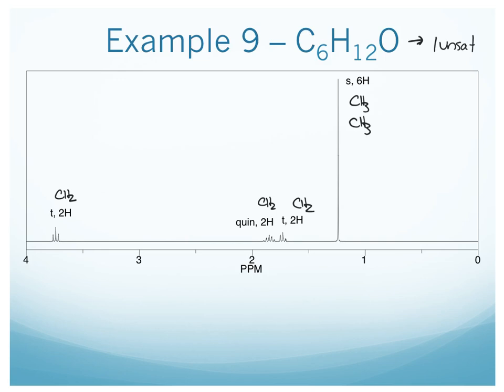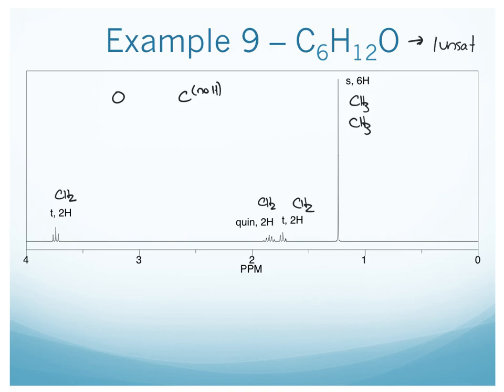Because if you had 3 equivalent CH2s, it would be unlikely it would show up as a singlet. Okay, we've accounted for 5 of the 6 carbons. So there must be a carbon with no hydrogen. We've accounted for all 12 hydrogen. The only thing that's left, we still have an oxygen that needs accounted for.